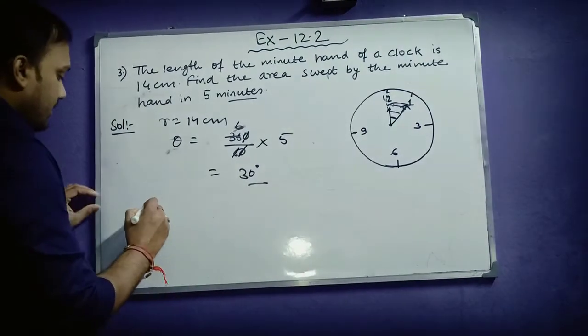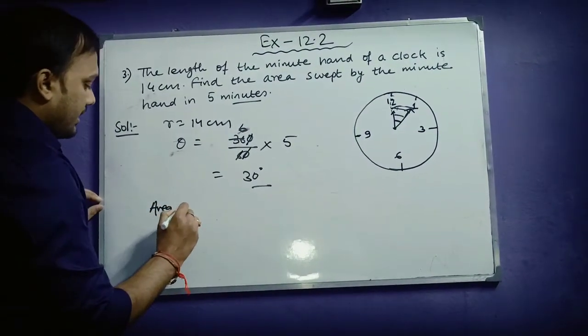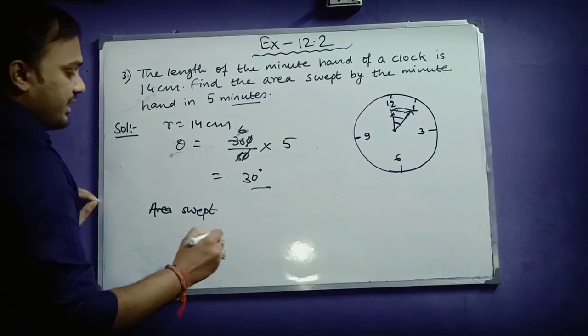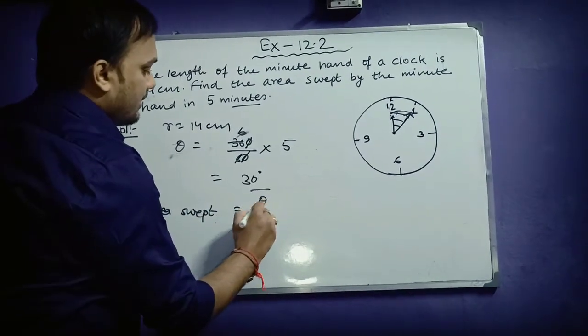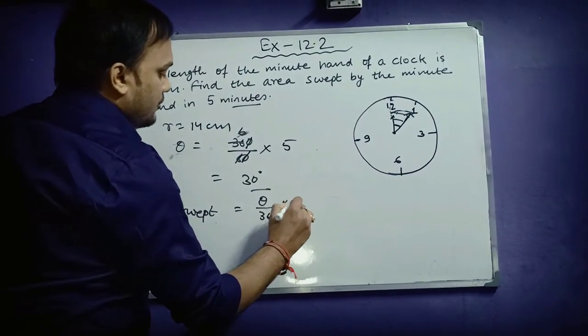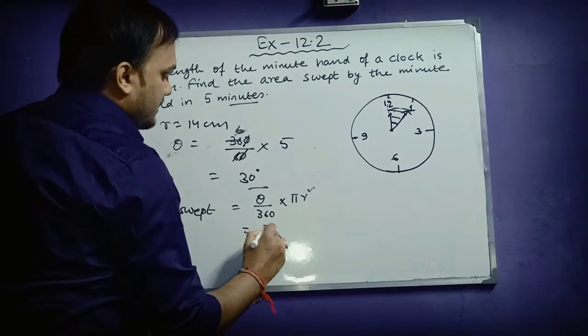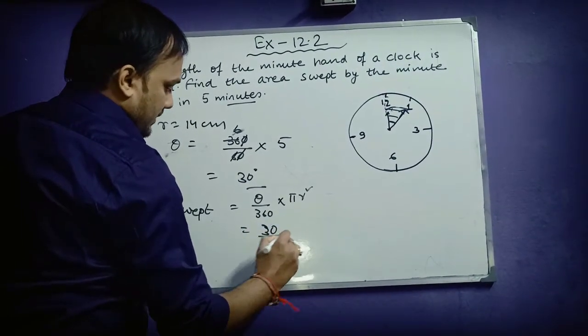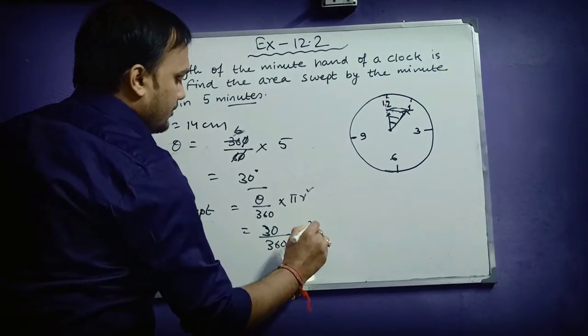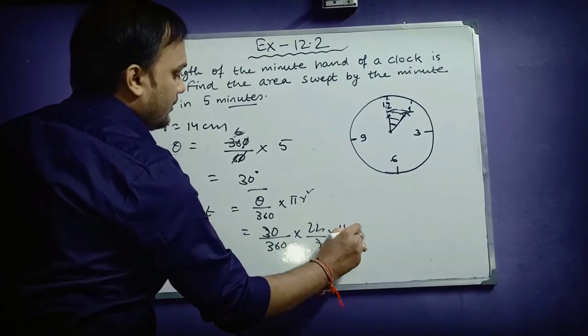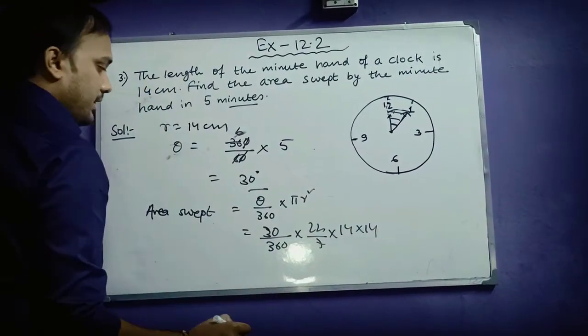So what is the area? Area swept by the minute hand in 5 minutes will be equal to theta by 360 into pi r square. That means 30 by 360 into 22 by 7 into 14 into 14, as the radius is 14 here.